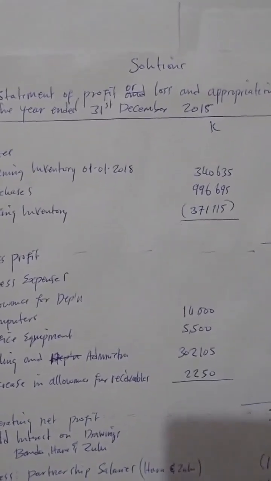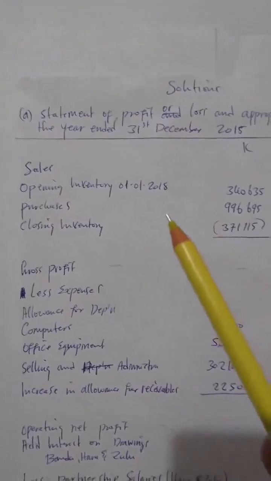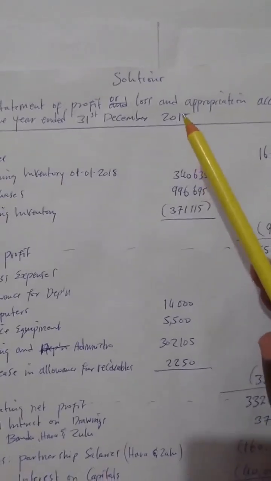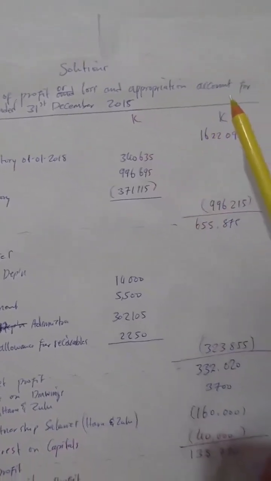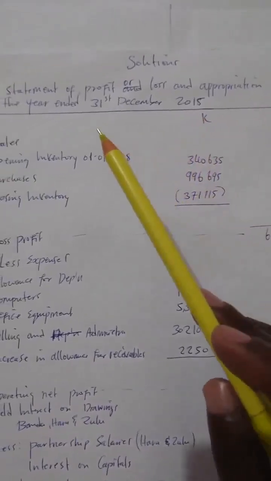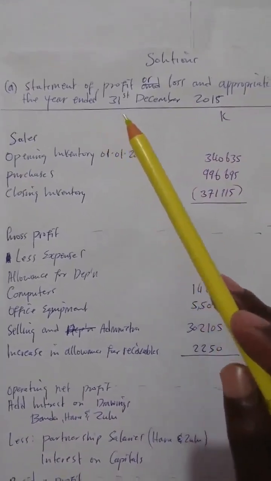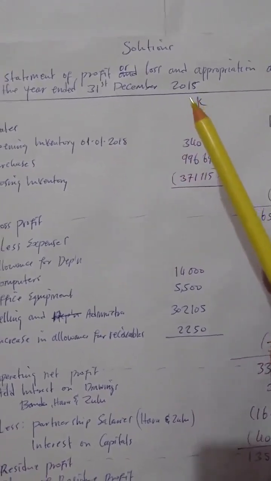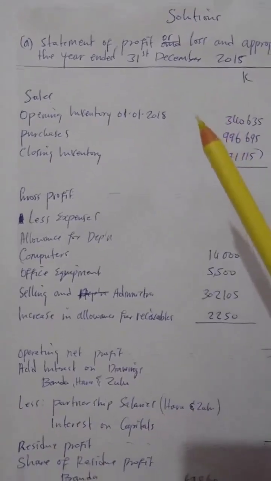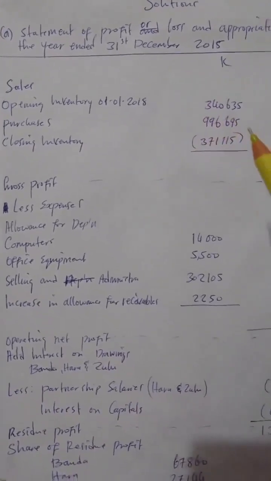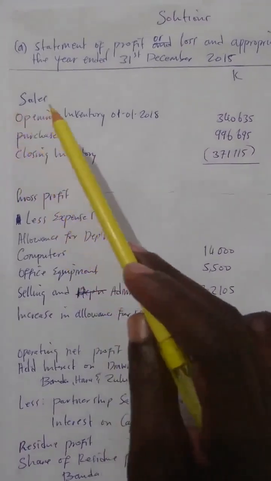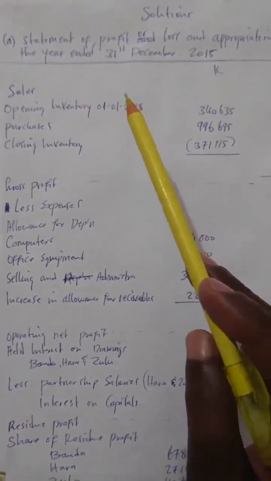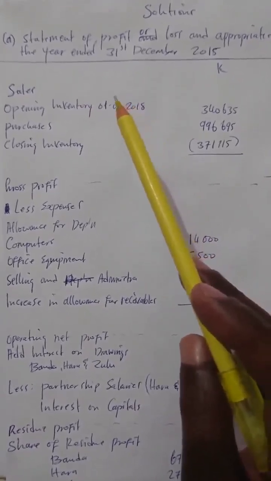All right, so the statement of profit or loss and appropriation account for the year ended 31st December 2018 is supposed to look like this for the partnership. The sales figure, just the normal way that we prepare the statement of profit or loss.